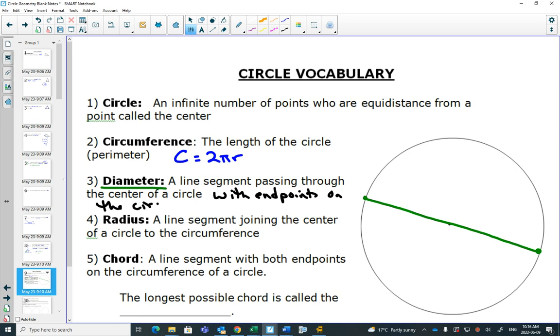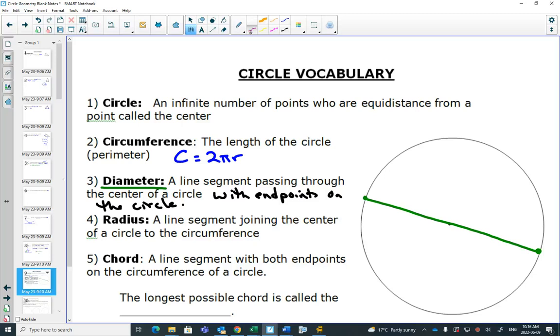So I just read that definition and realized that it wasn't quite right, because I could draw a line segment that goes through the center but stops before it hits the edge of the circle. So diameter goes through the center of the circle, but its endpoints are on the circle. That makes a diameter.